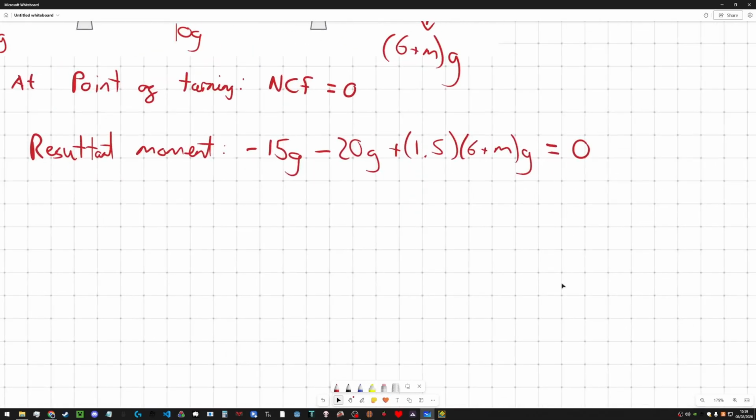Alright, from here we can rearrange again. What I'll do to make it easier, I'll divide both sides by G. Then I'll move 15 and 20 to the right.